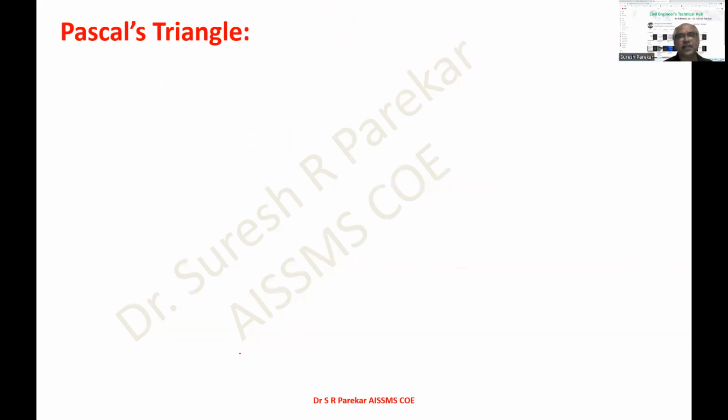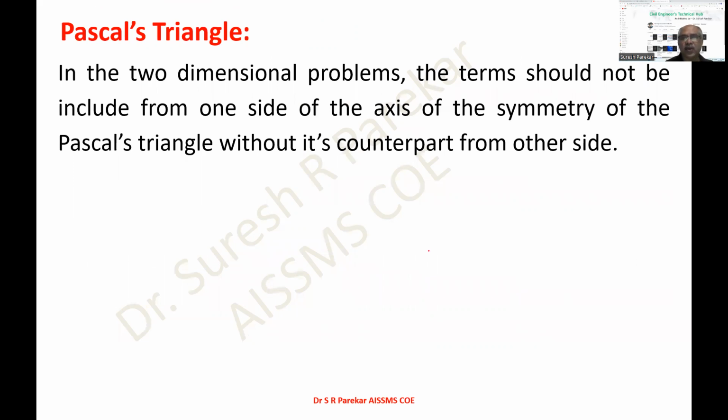Now we can go with this Pascal's triangle. So in a two-dimensional problem, the terms should not be included from only one of the axes. So now we have this Pascal's triangle, that is for 1D, we have for 2D, and we have for 3D. So this is clearly mentioned here. While we are considering two-dimensional problems, we have to consider terms from two axes.